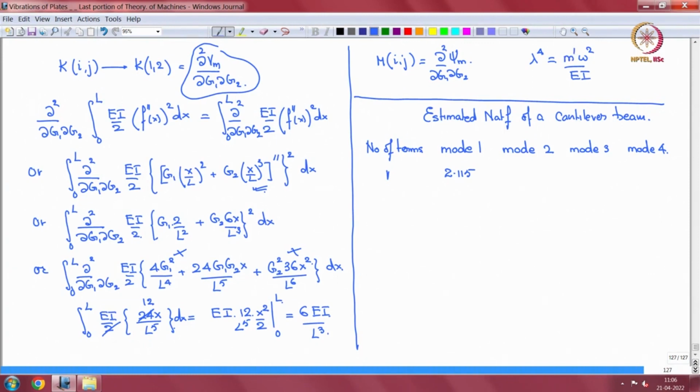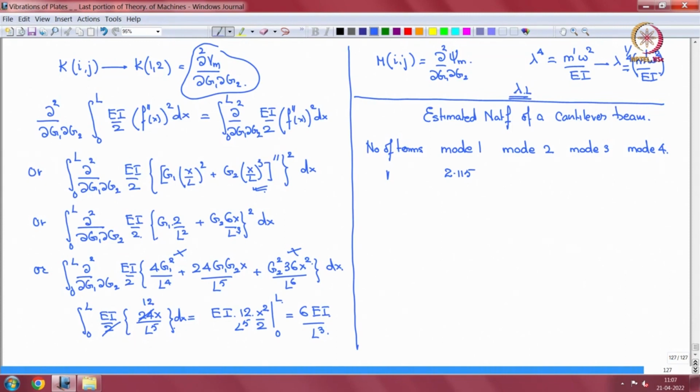Therefore lambda is the fourth root of m dash omega square by EI, and we are looking at lambda times L value.